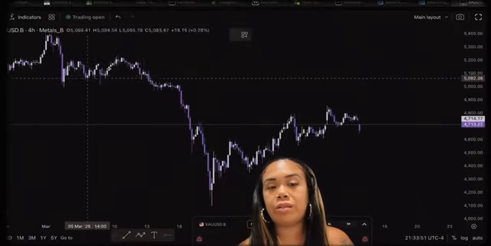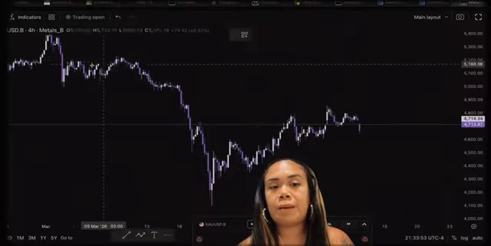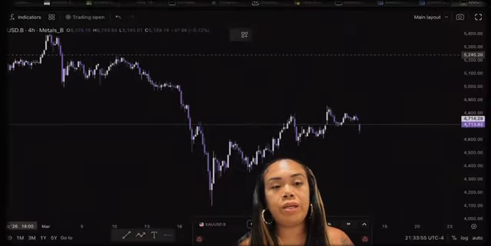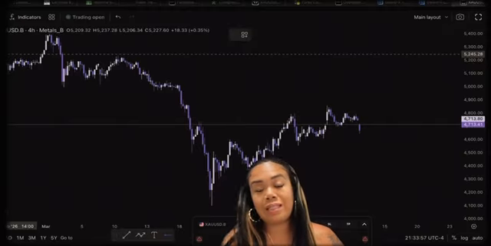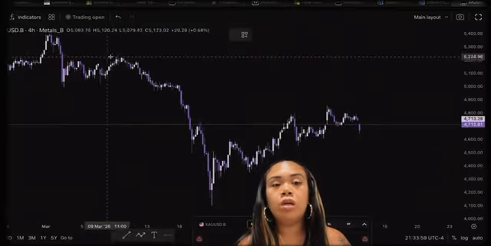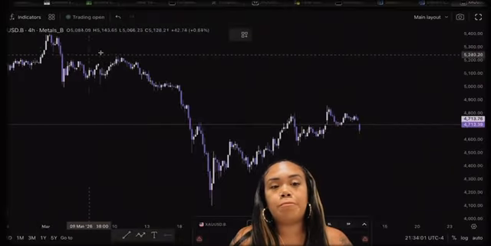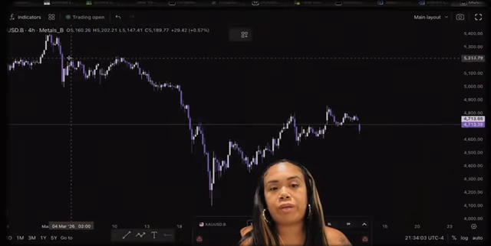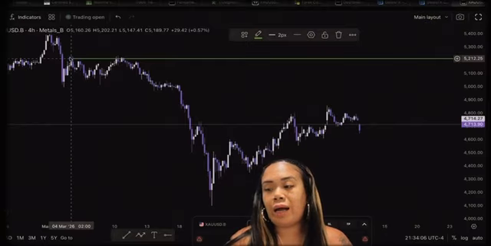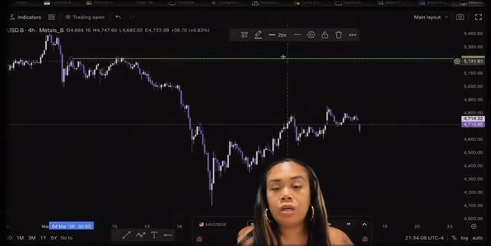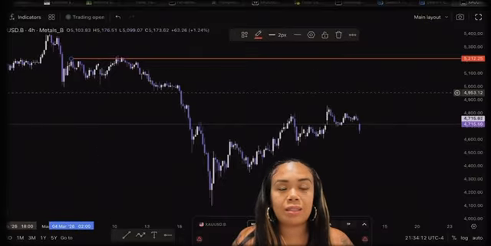And I do see it right here. As you guys can see here, there's taps right here, and taps right here with these particular candles. So I'm just going to put it right over here because this has multiple taps, guys. So this right here is going to be considered our resistance.